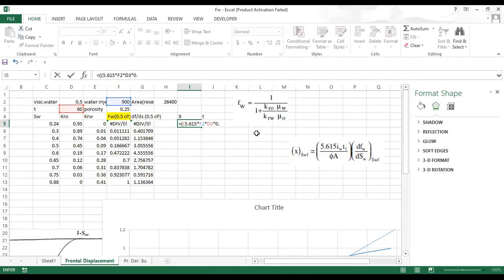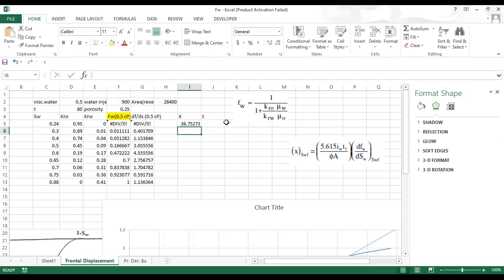Since I have taken 0.8, we got that value from the graph, by porosity, that is 0.25, into area, that is 26,400 feet.